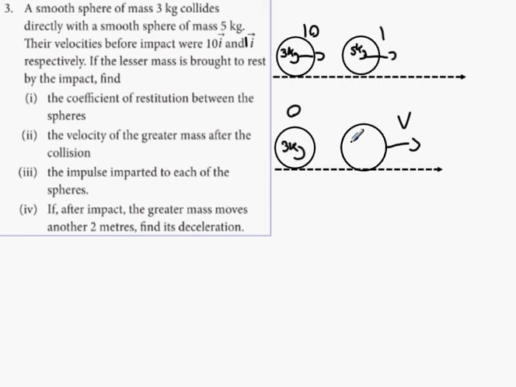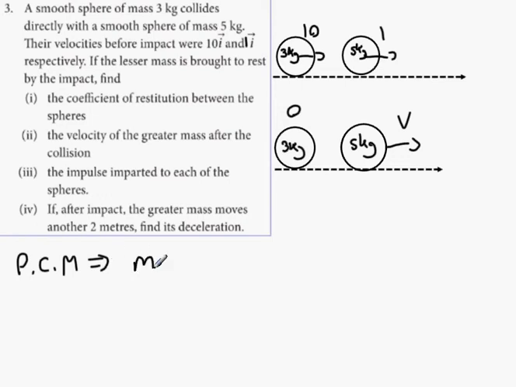Now, there's always two equations that you have to do. One of them is called PCM, the principle of conservation of momentum. Anybody know it? It means your momentum before collision equals your momentum after collision.